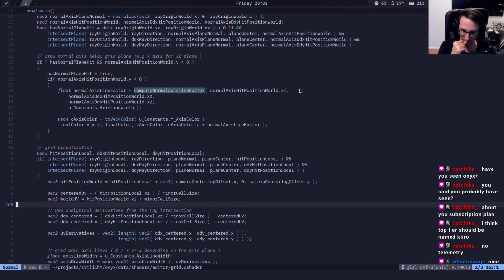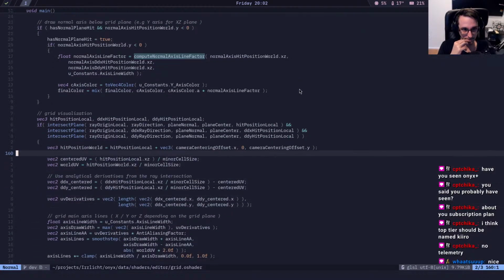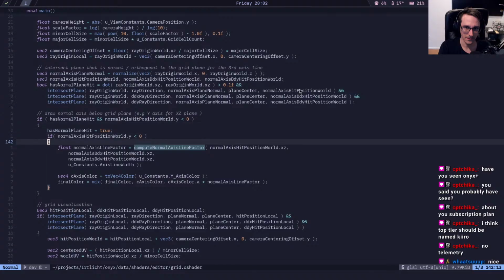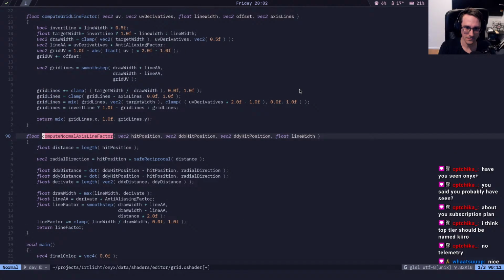we scaled the UV and we scaled the DDX, DDY. So I guess we give it the scale factor here, maybe. Basically the minor cell size, I guess. I think it was here.